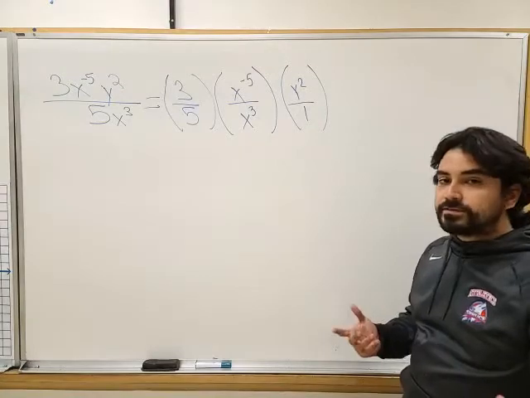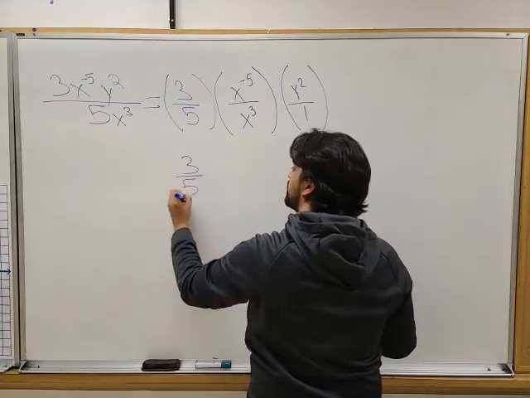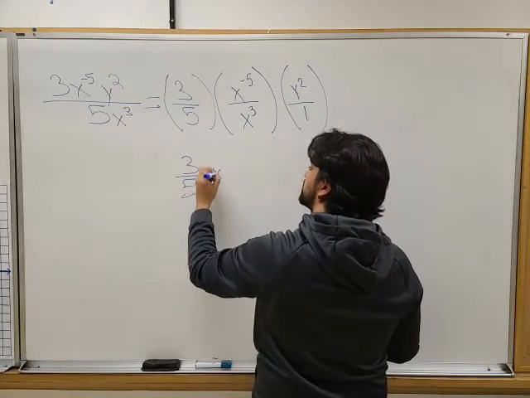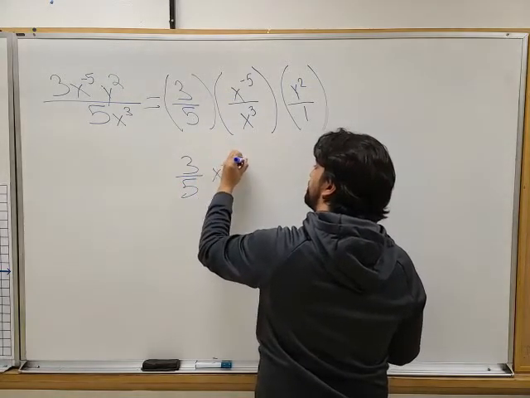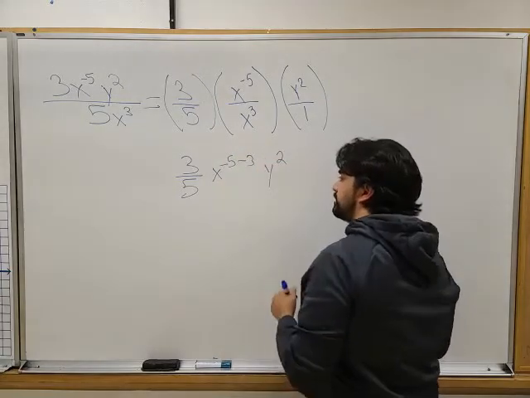Now, let's simplify it. So we have 3 over 5 times x to the power of negative 5 minus 3, and then we have y squared.